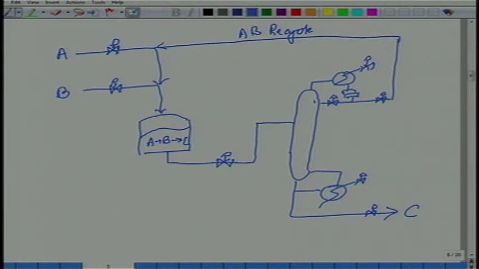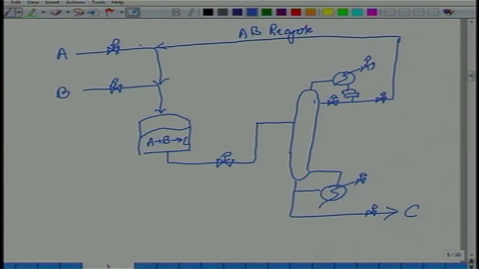Will there be a valve here? No. Will there be a valve here? Exactly, because this flow is set, this flow is set, this flow is set, and this has to be this plus this and this has to be this plus this. Alright. So, these are the valves.